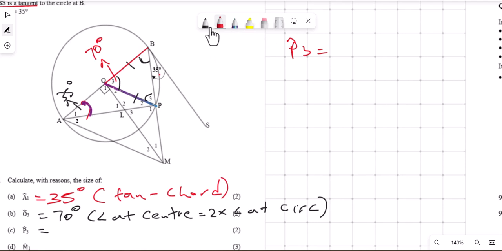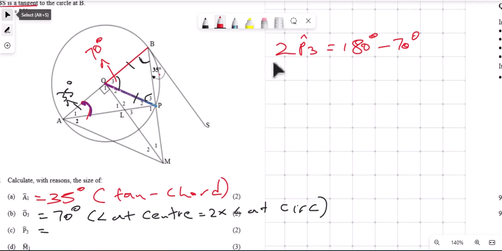Do you understand when I say 2P3? Angle P3 and angle B are equal. So 2P3 is equal to 180 degrees minus 70 degrees, which is then 110.